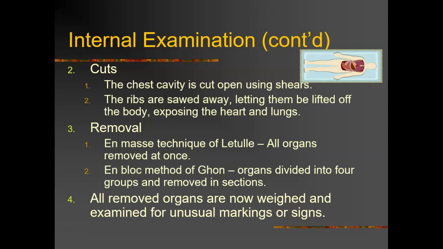And then there's the en bloc technique, where organs are divided into 4 groups and removed in sections. Once those organs are removed, they're weighed and examined for unusual markings or signs, right? They're looking for anything that's abnormal weight, abnormal appearance. So for example, a fatty liver, or indications of a heart attack, etc.